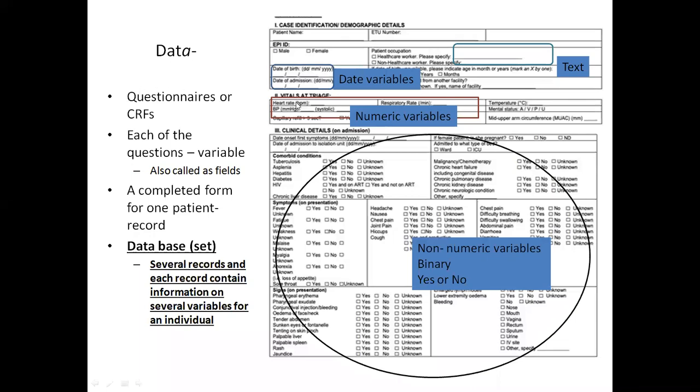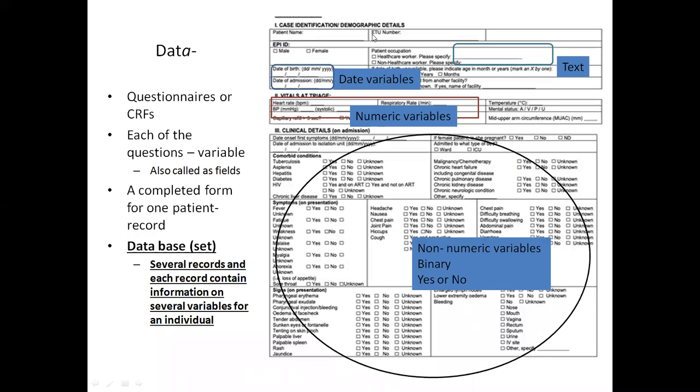So I'll sidestep a little bit. You all would have had a questionnaire like the one I showed here, and the questionnaire will have a set of questions, and we call those questions variables, right? Each of these questions is considered a variable because the value is going to change from one patient to the other. Variables are also called fields in the language of databases.